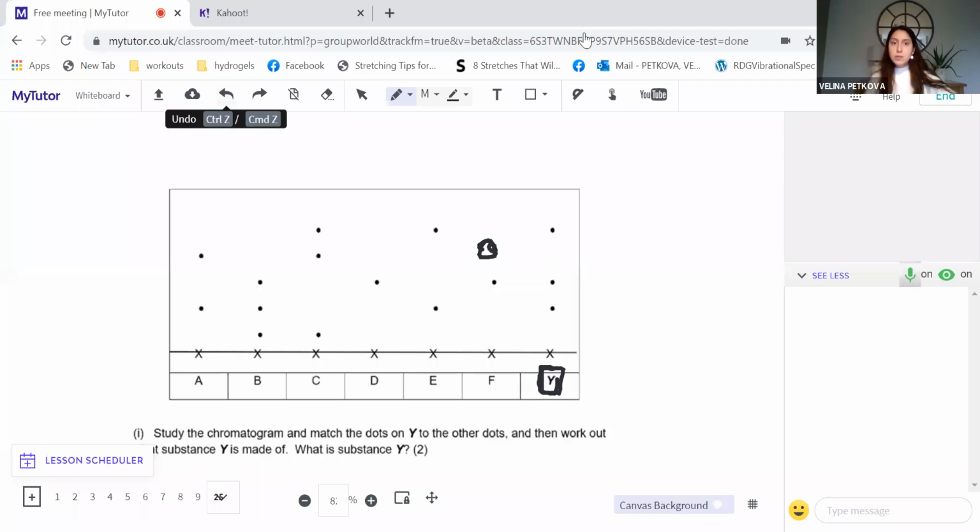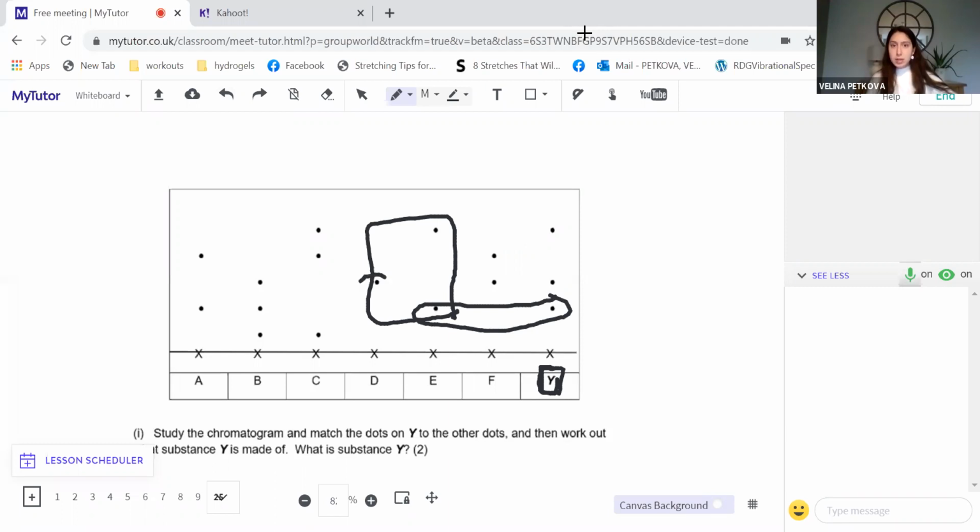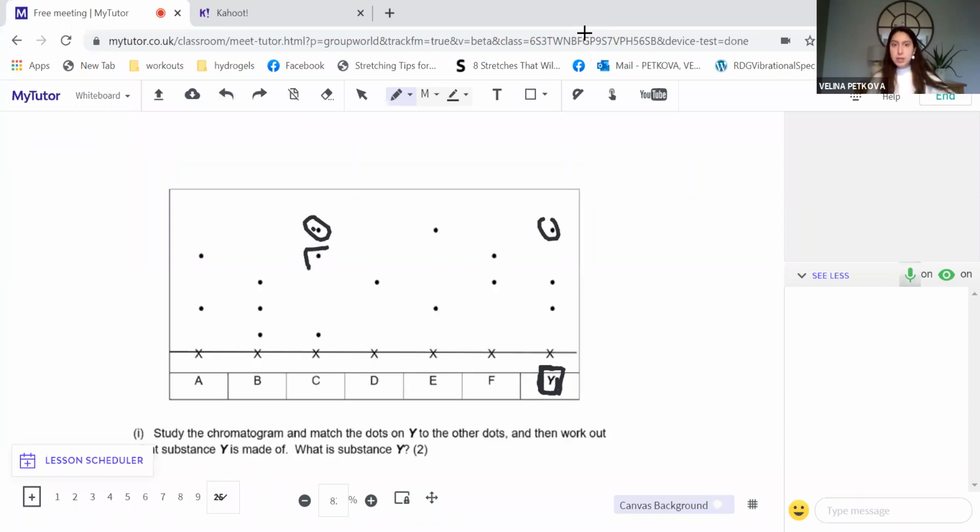Although some of these suggestions have matched up, you don't have anything that matches up this one. So the only answer to what Y is made up of is D and E, because these match up perfectly with the others. This one matches with this one, this one matches with this one, and this one matches with this one. In other substances between A and F there are dots that do match up, but we don't have a dot that matches up this part of C, so C cannot be one of the substances that made up Y.